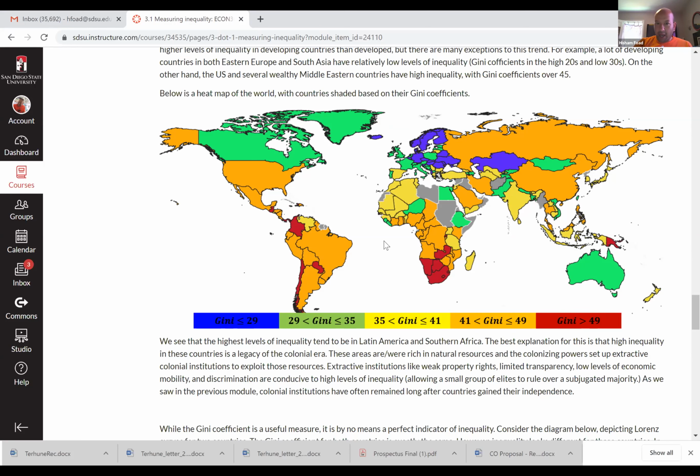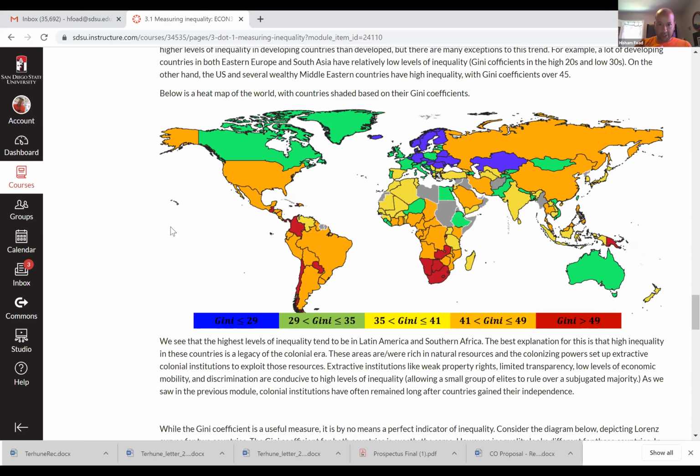However, you start to see higher levels of inequality, certainly in Latin America. The US has a pretty high level of inequality, China, Russia. And the highest levels of inequality tend to be in Southern Africa and in Latin America. On average, we do see higher levels of inequality in developing countries than we do in developed countries. And that's something we're going to get to in module 3.3. But it's not universally true.